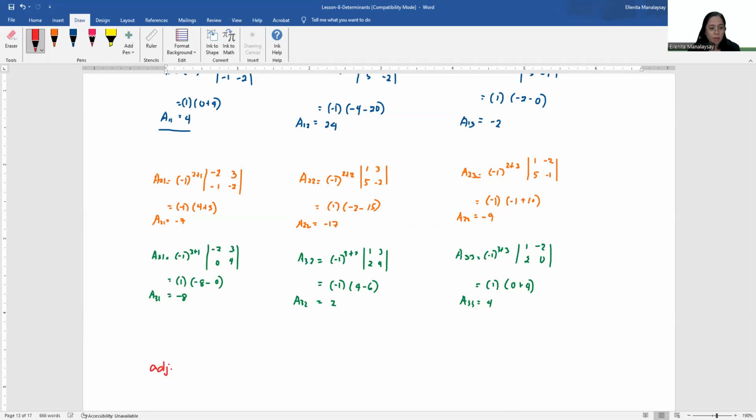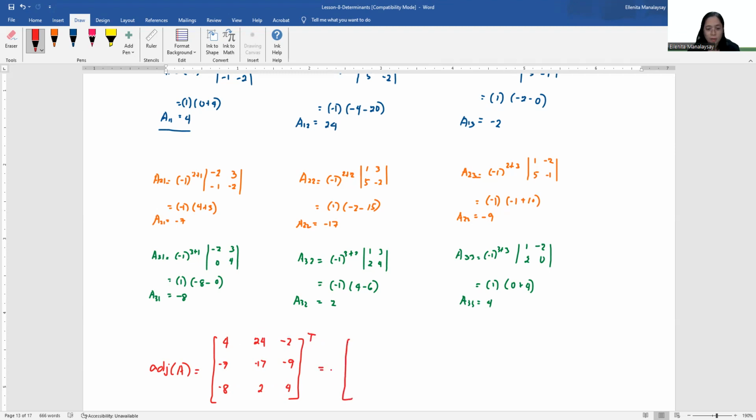So the adjoint of matrix A, in finding the adjoint, first we will form a 3 by 3 matrix whose entries are the cofactors of matrix A. So we have 4, 24, -2, and then -7, -17, -9, -8, +2, and +4. Okay, adjoint of A, we have this matrix, but we'll get the transpose of this.